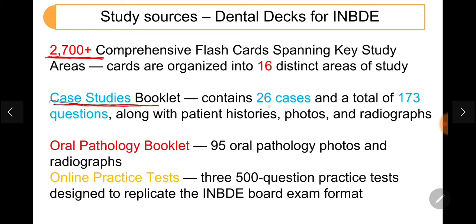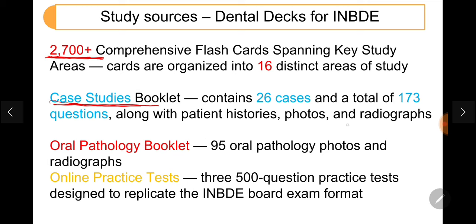The way they have done it now, you can buy the dental decks box, which is printed. I think the cost is 599, but there's also a subscription for 12 months, for those people who like to study on the computer.